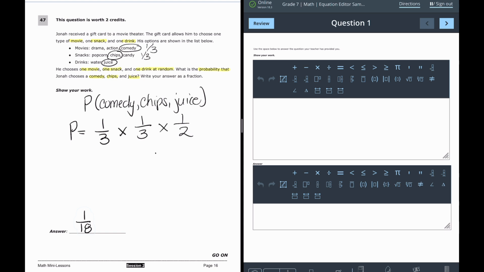So now that I have all this, all I have to do is multiply those 3 fractions. So 1 times 1 times 1 is 1. 3 times 3 times 2 is 18. Done. So now we just have to show that. So we'll answer the question. What is the probability Jonah will choose a comedy, chips, and juice? The probability, I'm going to just restate it.